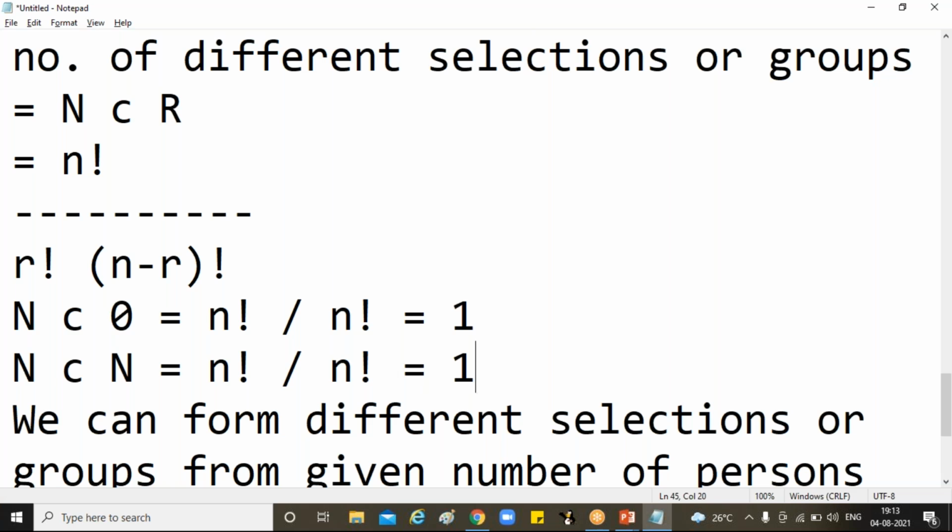It is also equal to 1. Please concentrate. nP0 is 1, but nPn is n factorial. nC0 is 1, nCn is also 1. nC0 and nCn both are equal to 1.